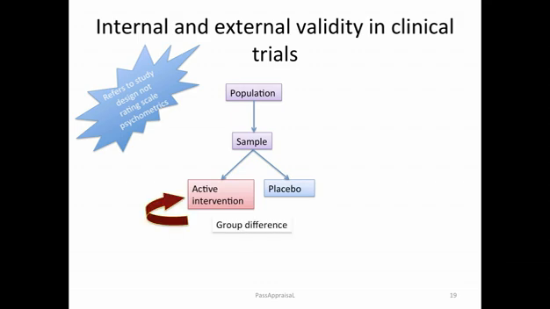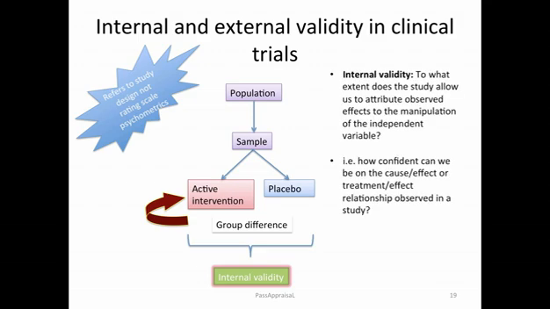The degree of confidence with which we can attribute the observed group difference to the intervention is called internal validity. In other words, the internal validity is the extent to which the study allows us to attribute observed effects to the manipulation of the independent variable. In the context of a clinical trial, internal validity refers to the degree to which a study is free from bias.